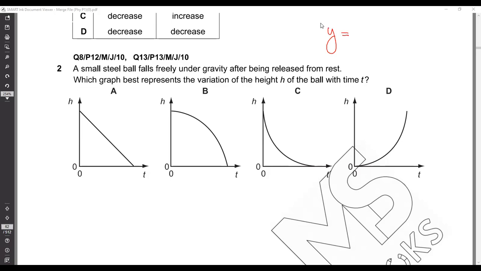It's not the answer, but I'm just asking. The height? The height. Is it telling us displacement, velocity, acceleration?